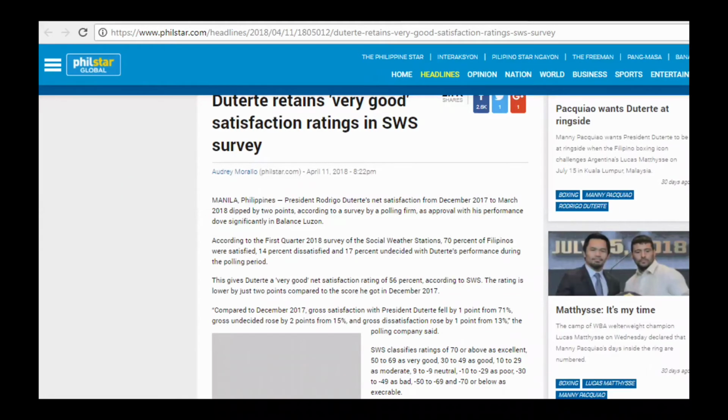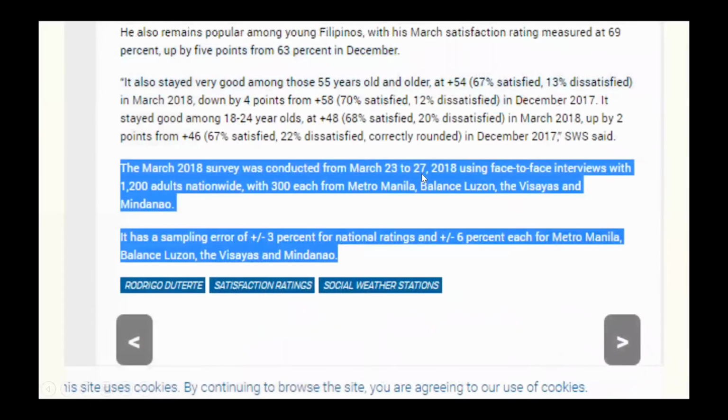In the article of Audrey Morallo in the PhilippineStar.com last April 11, 2018, with the title Duterte Retains Very Good Satisfaction Ratings in SWS Survey. It says here that the March 2018 survey was conducted from March 23 to 27, 2018 using face-to-face interviews with 1,200 adults nationwide, with 300 each from Metro Manila, Balance Luzon, the Visayas, and Mindanao.